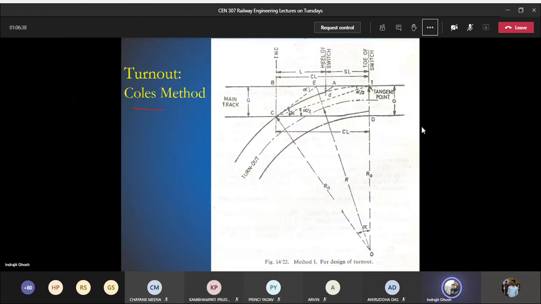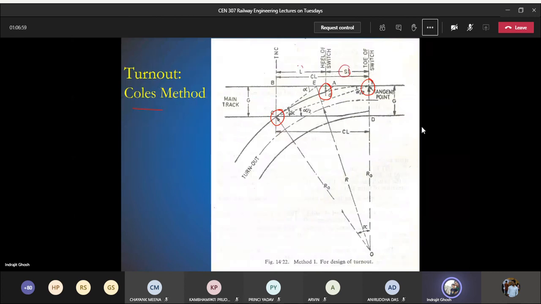So 3 things: sidings, light section rails and unimportant lines. In case of those, we use Coles method. So there are 3 kinks, one at the toe, one at the heel, one at the crossing. You can see there are some new terms as well.